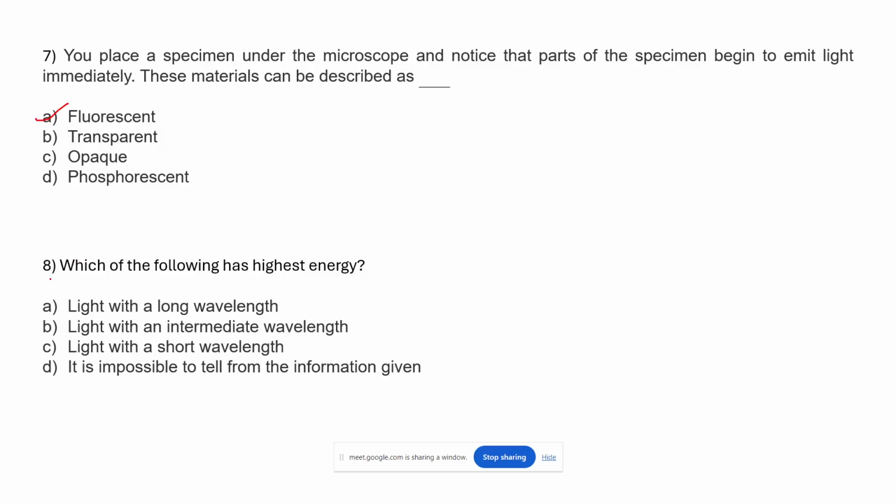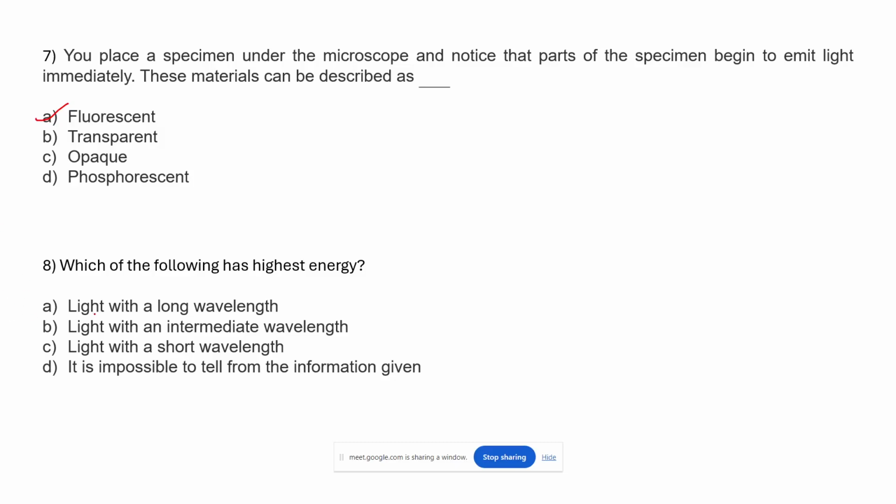Then we move to question number 8, which says, which of the following has the highest energy? If we are looking for the highest energy, then we need to find the lowest wavelength. If you are working with light, you should know that energy is inversely proportional to the wavelength.